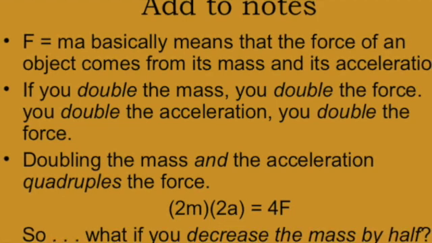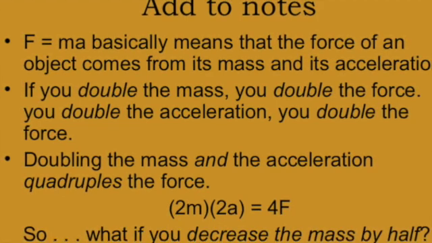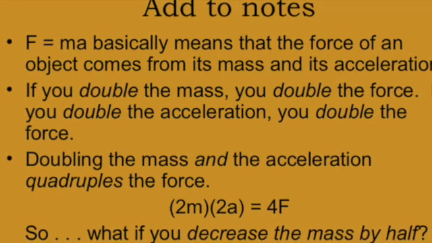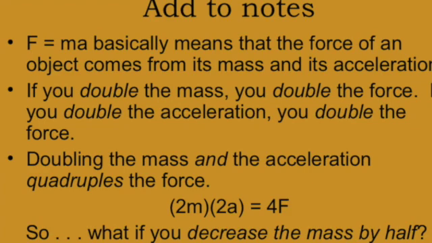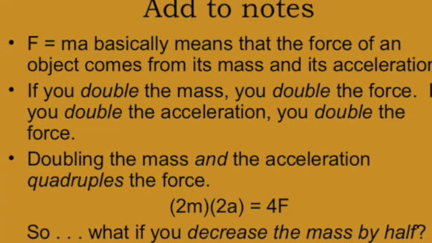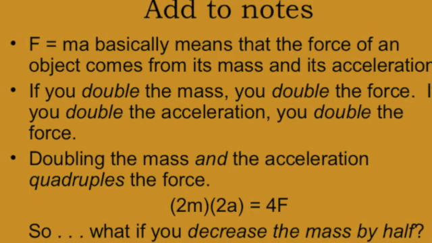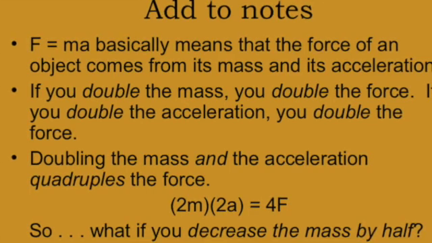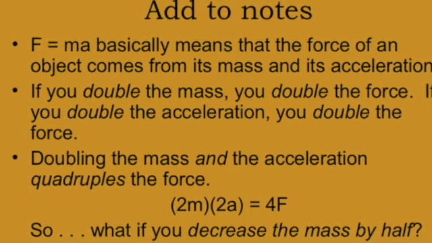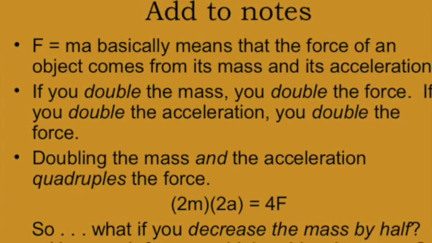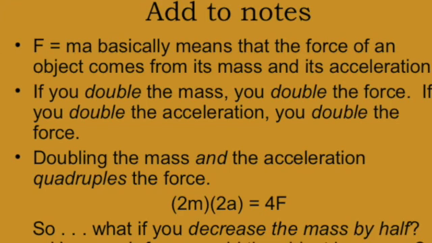If you double the mass, you double the force. If you double the acceleration, you double the force. Doubling the mass and the acceleration quadruples the force. So let's think about that. If you double the mass, that's 2 times bigger. And you double the acceleration, that's 2 times bigger. 2 times 2 is 4.